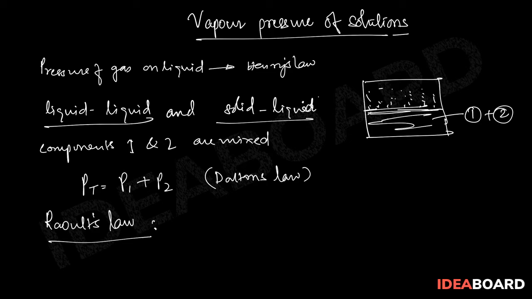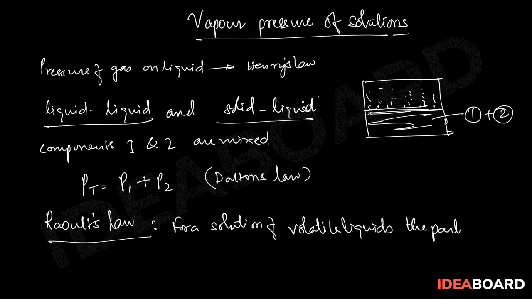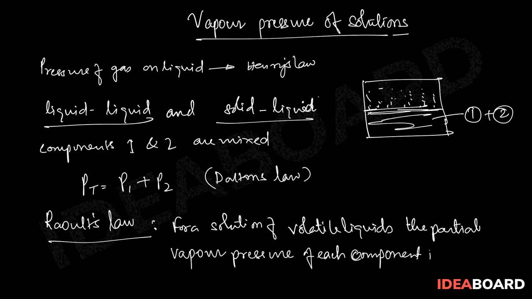Raoult's law is stated as: for a solution of volatile liquids, the partial vapor pressure of each component in the solution is directly proportional to its mole fraction.